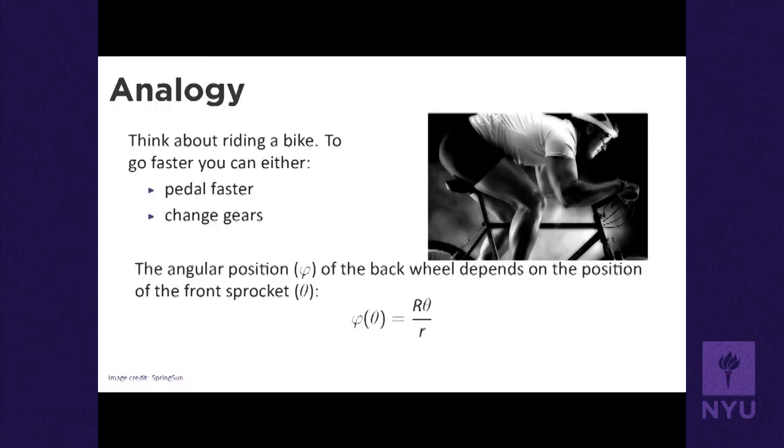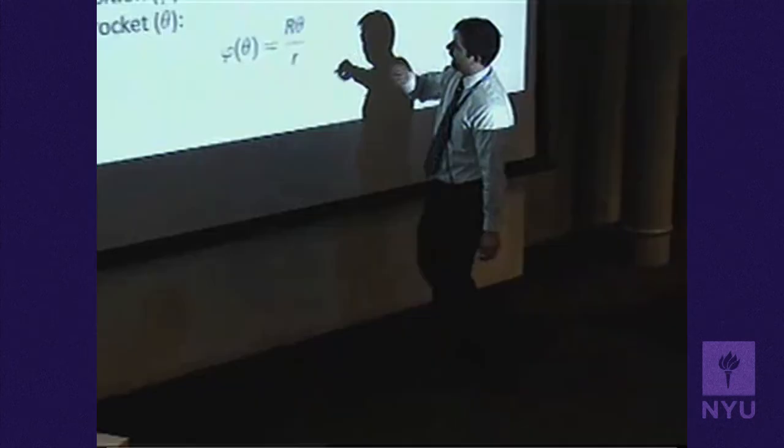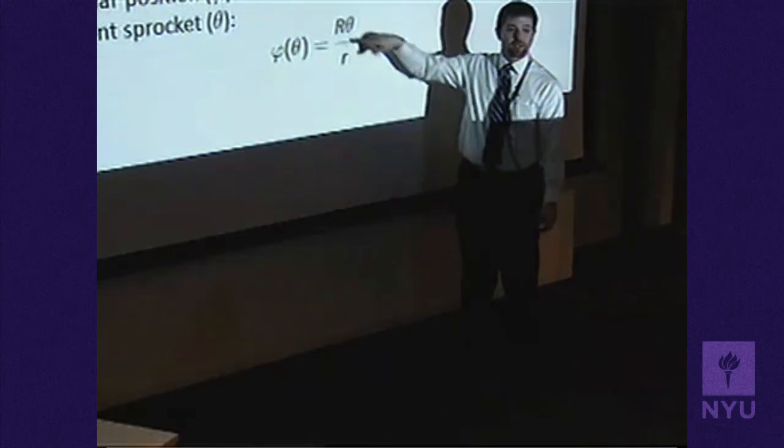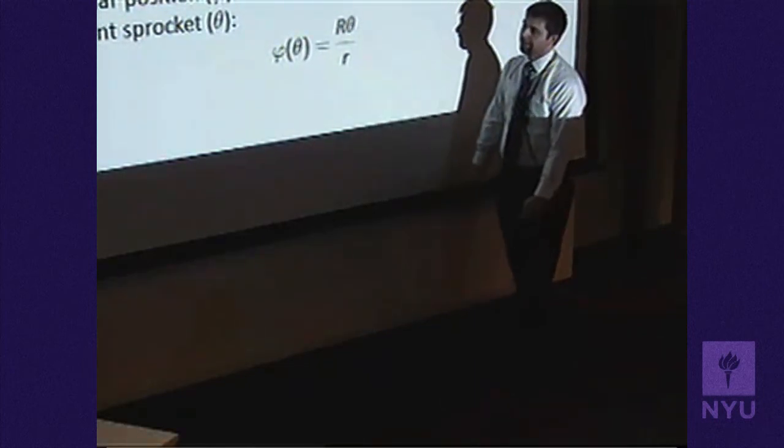But the major point is that the position of the back wheel depends both on the ratio and the position of the front wheel. So to change the speed of the back wheel, you can change the ratio, or you can change the speed of the front sprocket. And if you double the speed of the front sprocket, your speed will double no matter what. Okay?